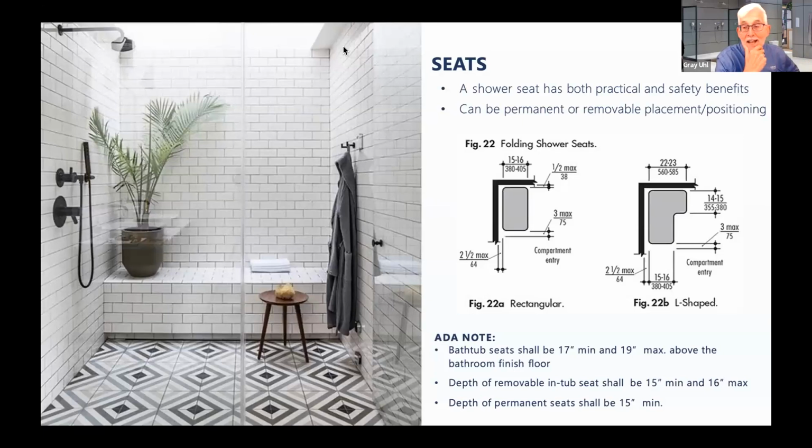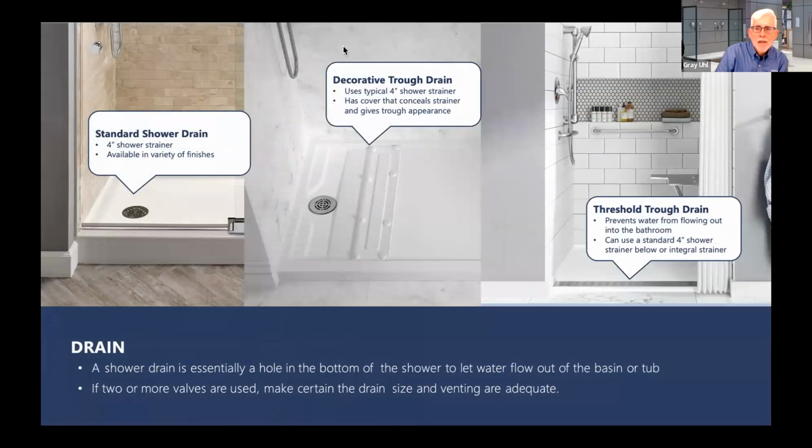If it's a permanent seat, it has to be a minimum of 15, but it obviously can be deeper than that. Seats are a great thing if you're looking at multi-generational. If you're putting in a steam shower, and I know how popular those are north of the border, I totally get it, a steam shower should always have a seat in it to make that a great experience. So seats are a great thing to consider.